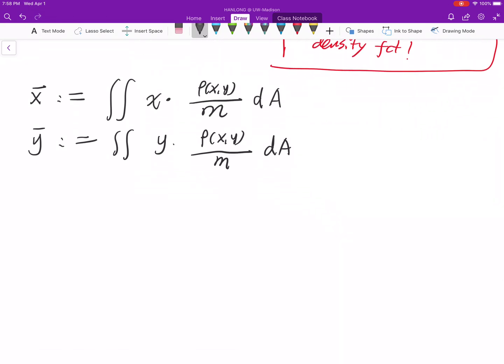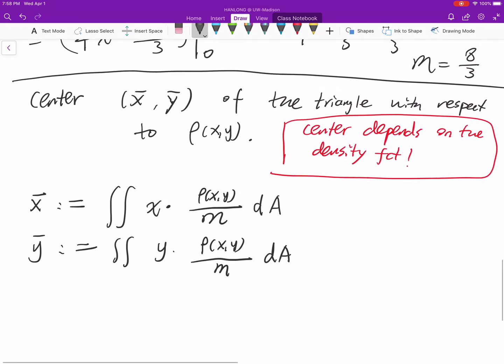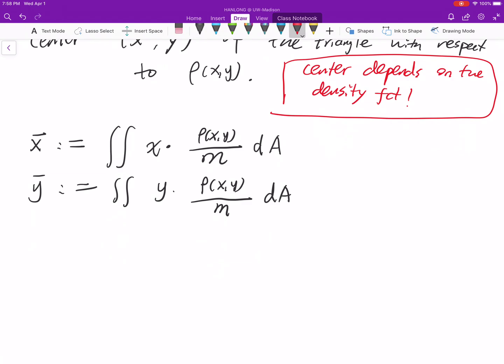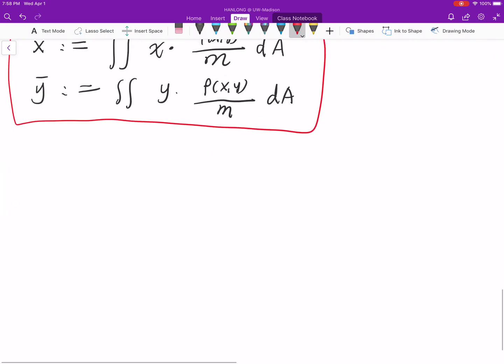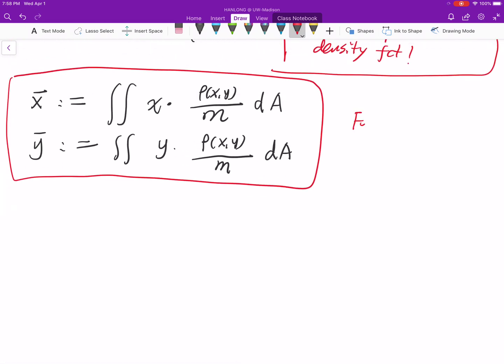Okay, now we use this formula to calculate the center in this problem. This is the formula.